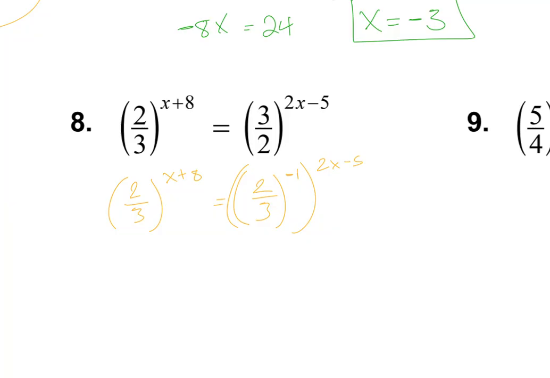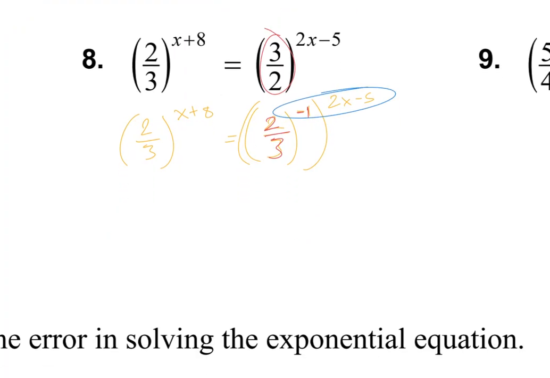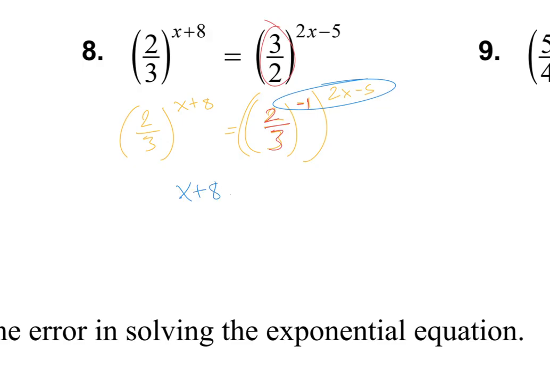So you see how this is now 2/3? Because this got flipped with our negative exponent, yeah? And you multiply the powers like that, so we get x plus 8 equals -2x plus 5. You add 2x, you subtract 8, and you get -1.